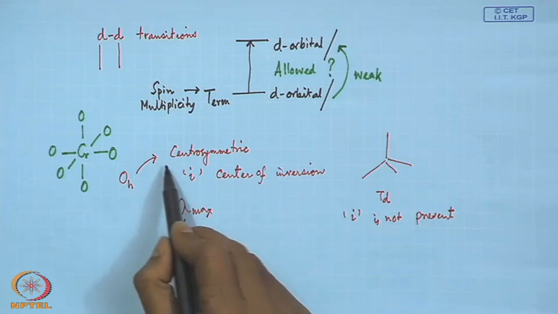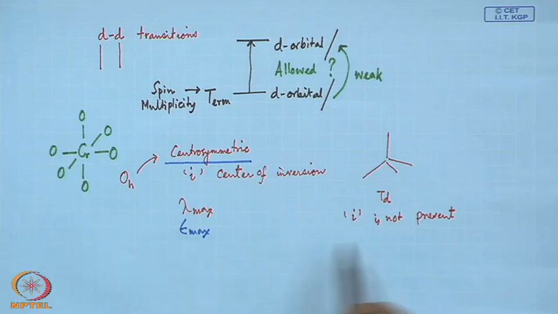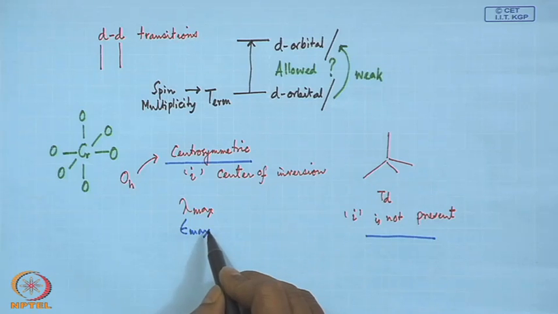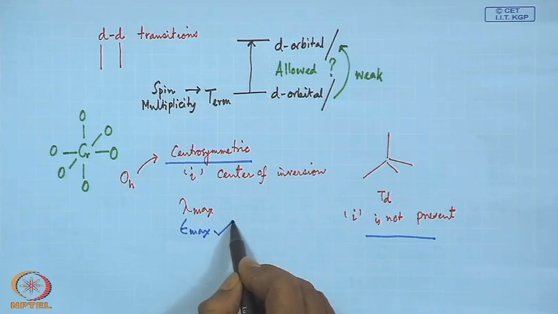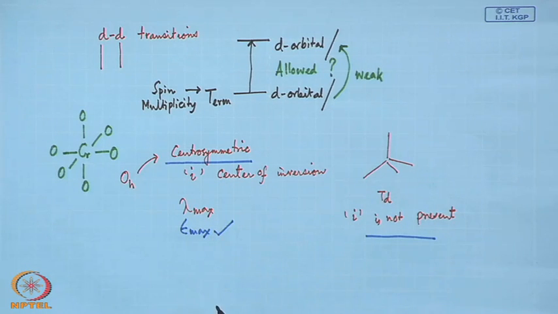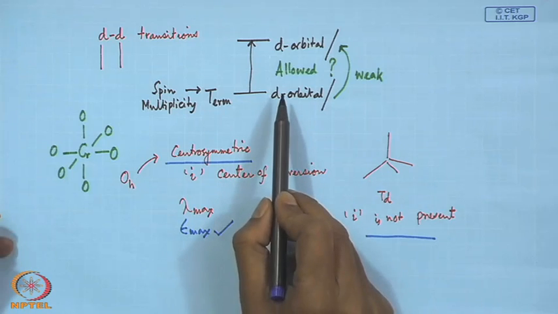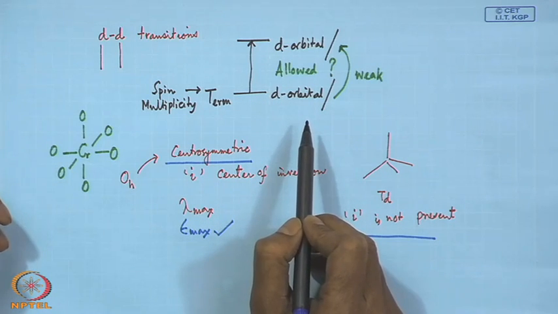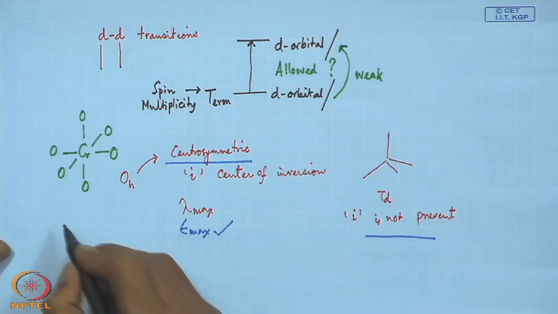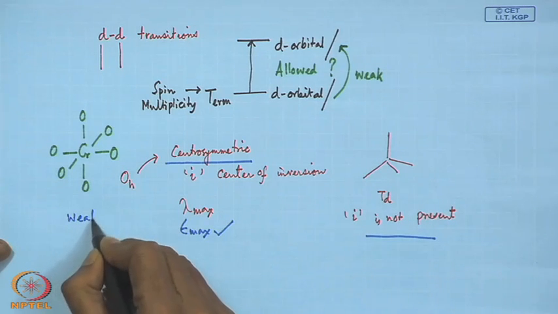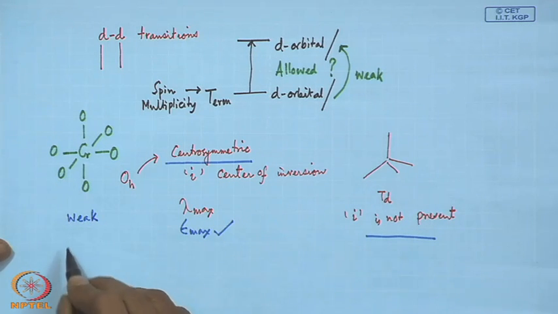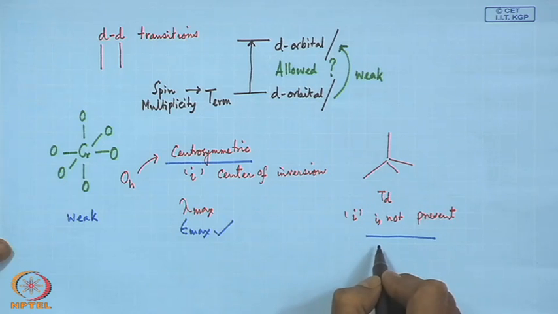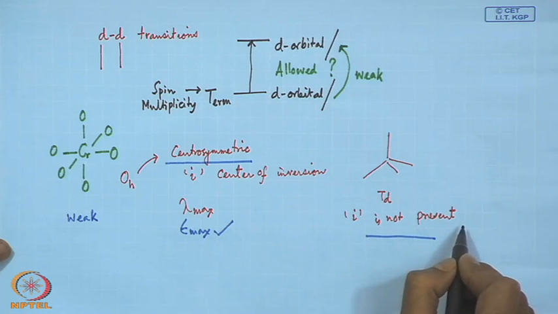So, whether we are handling some centrosymmetric molecule or non-centrosymmetric molecule, the lambda max as well as the epsilon max can nicely tell us whether we have allowed d-d transitions or partially allowed d-d transitions. In some cases we have a little bit weak transition, in some cases a little bit stronger transition can be present where the center of inversion is not present.